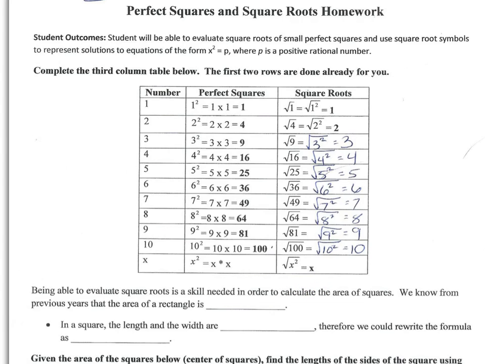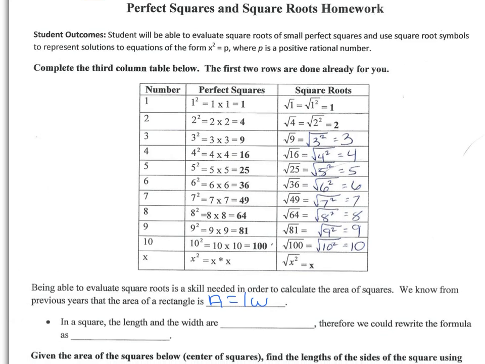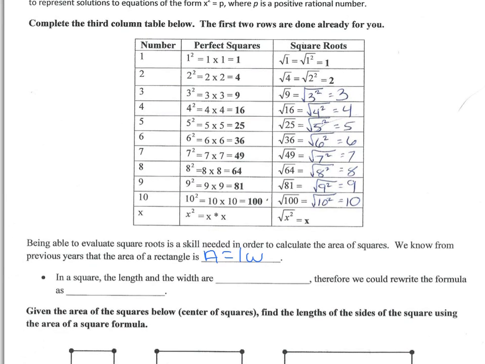Being able to evaluate square roots is a skill needed in order to calculate the area of squares. We know from previous years that the area of a rectangle is A for area equals length times width, L times W. In a square, the length and the width are equal.